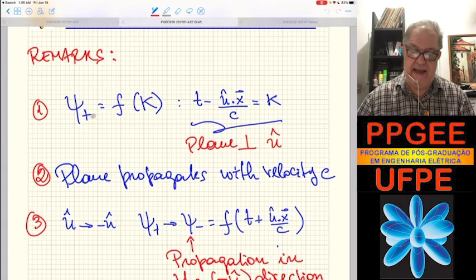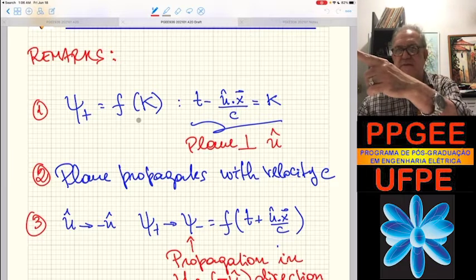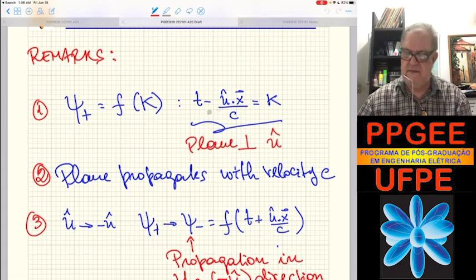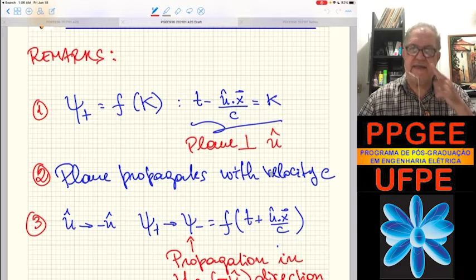But the psi plus is the solution when I have a minus here. That was a specific choice, right? That means a wave that moves in the direction of u, okay? With velocity c in the same direction.